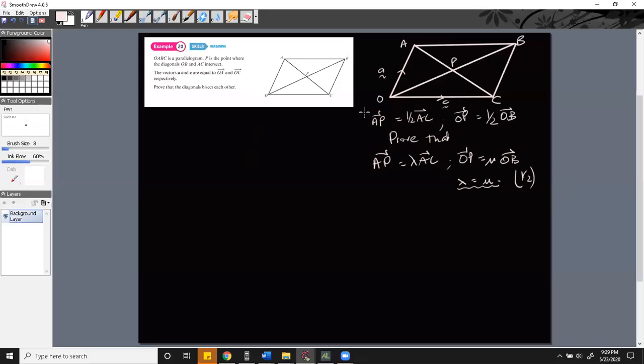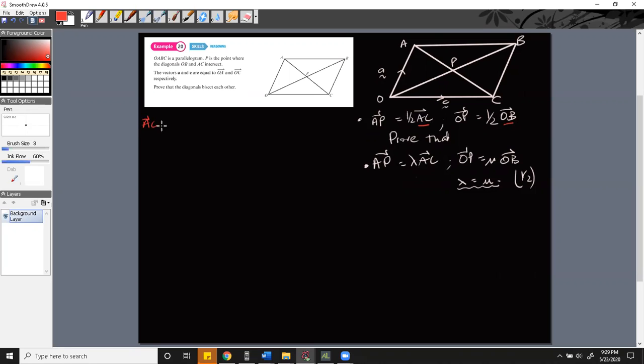So the way to approach this is that we have to think of OP in two different ways and write two equations down for OP and solve them simultaneously. That's essentially what we're doing. Okay, so in order to continue, we're going to need the vectors AC and OB, okay?